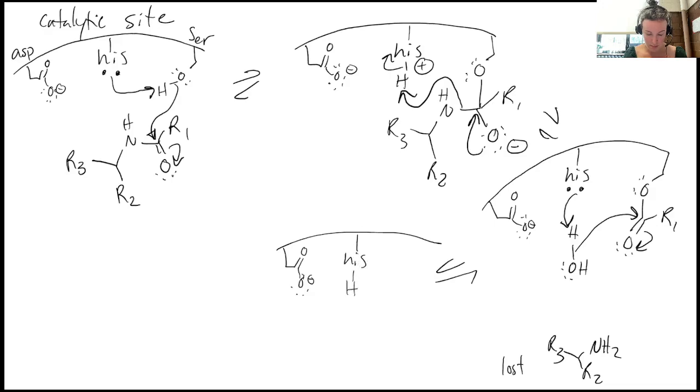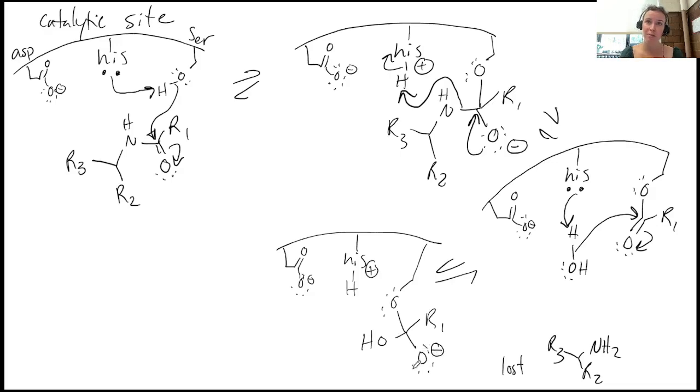Histidine has again been protonated, so it's positively charged. We got our serine still covalently bonded to substrate, but again, substrate is now in a tetrahedral intermediate that is negatively charged on that carbonyl oxygen. So we're almost done, folks.